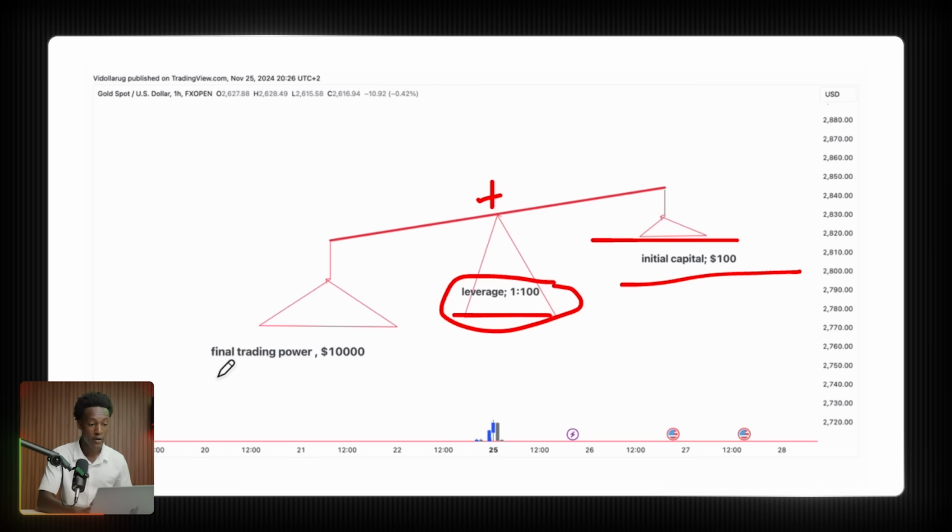That means your final trading power is going to be your initial capital, which is $100, times your leverage, 1 to 100, and the final trading power is going to be up to $10,000. That means you could be using $100 as your initial capital, what you deposited to your trading account, but because of the leverage that you are using, you're able to place bigger positions.